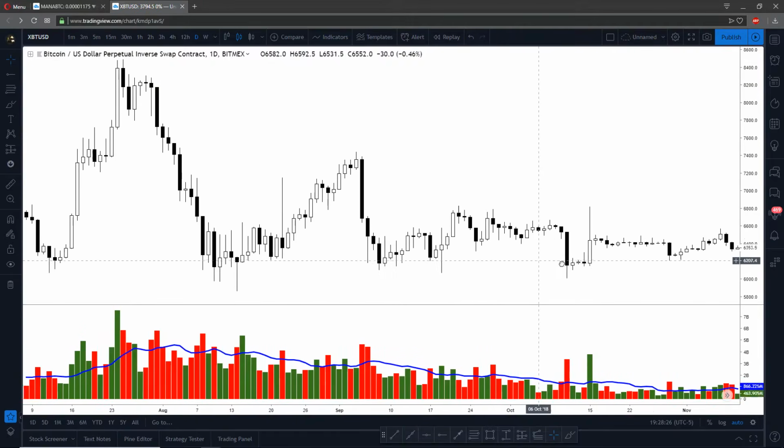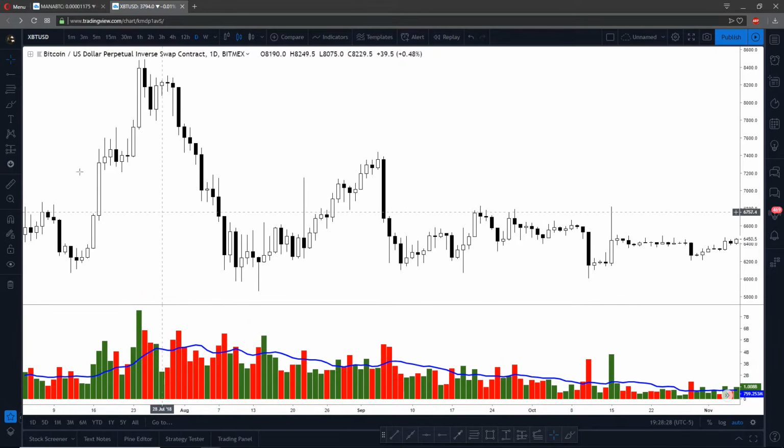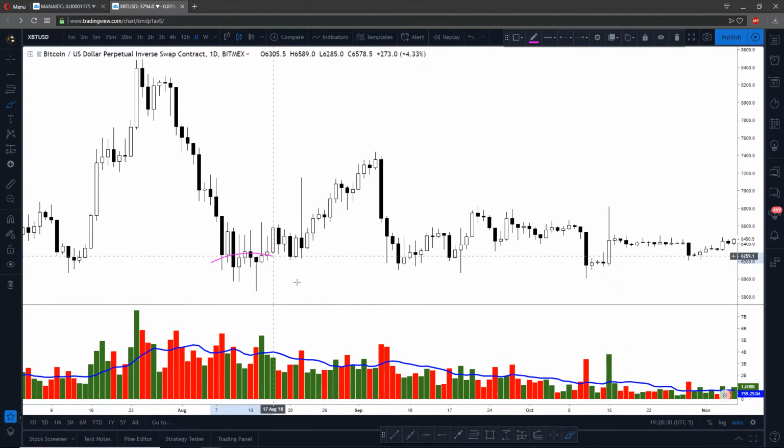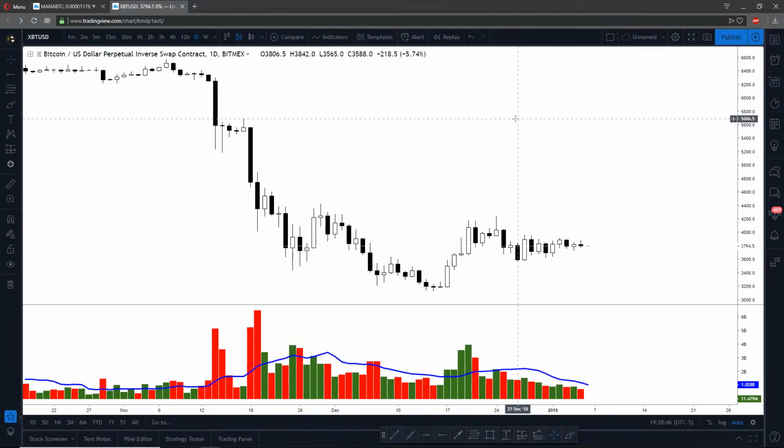Another example, another accumulation here. Look at how many wicks you'd be ignoring. Same thing here. Those aren't very long, but you're still ignoring some data. You can do both with this. It's the same technique. You can use candles, you can use wicks.